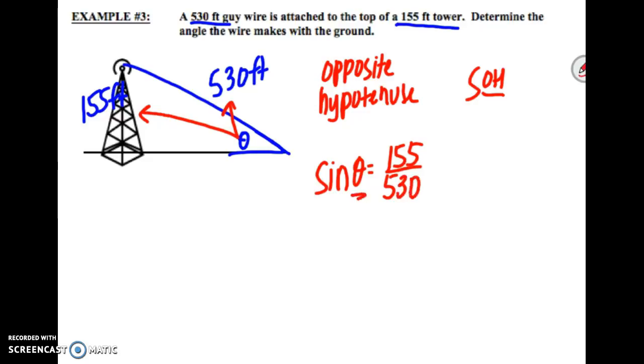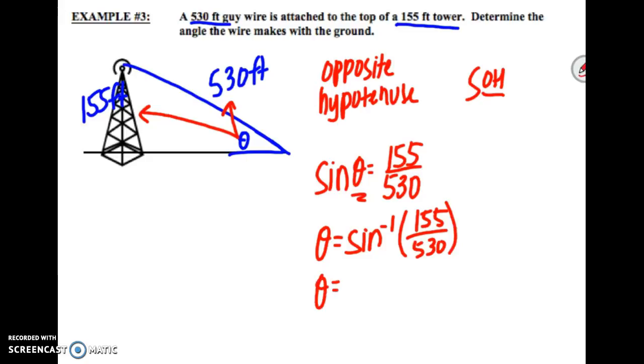In order to solve for theta, we need to take the sine inverse of both sides. So we're left with theta equals sine inverse of 155 over 530. When we take the sine inverse of 155 over 530, we are left with theta equals 17 degrees. So we know that theta equals 17 degrees.